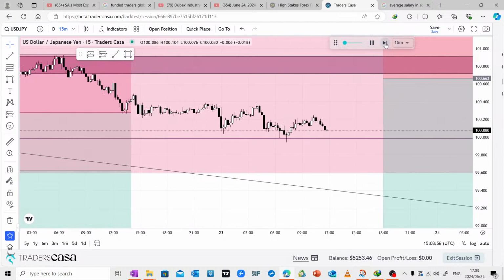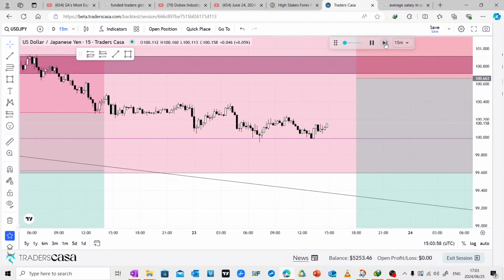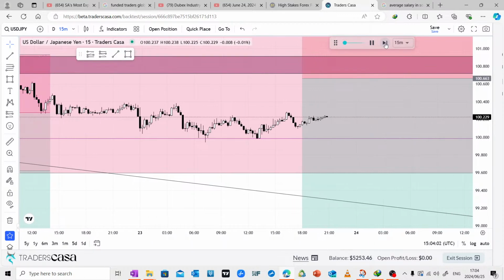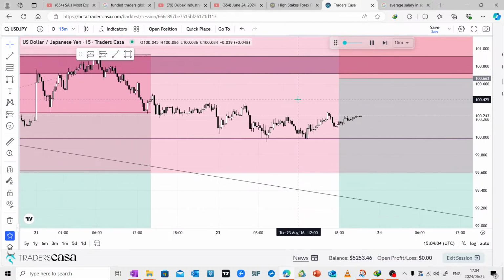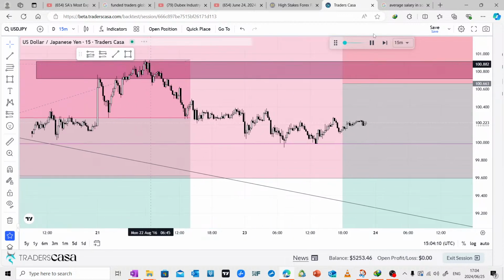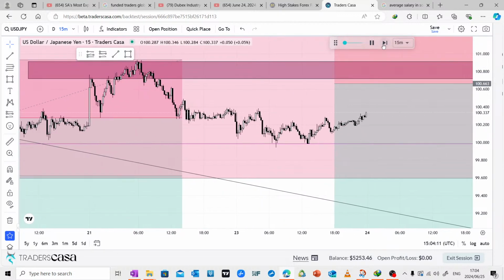Market is pushing, consolidating, wanted to trend up, consolidating. And remember, we just induced buy side here, so we might just take that out.